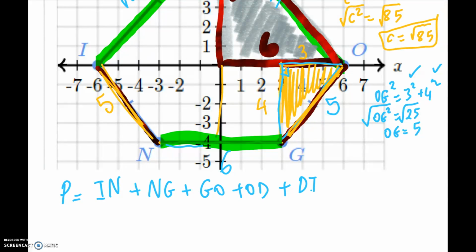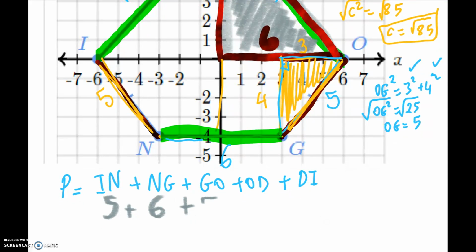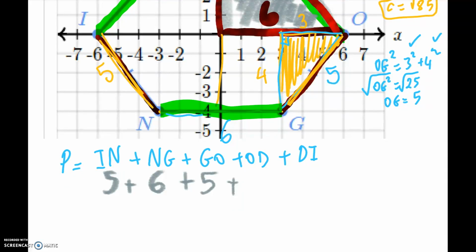In class, I just solved this problem a little bit differently, but IN, where was IN? IN is right here, which is 5, plus NG is 6, GO is 5, OD radical 85, and then DI is also radical 85.